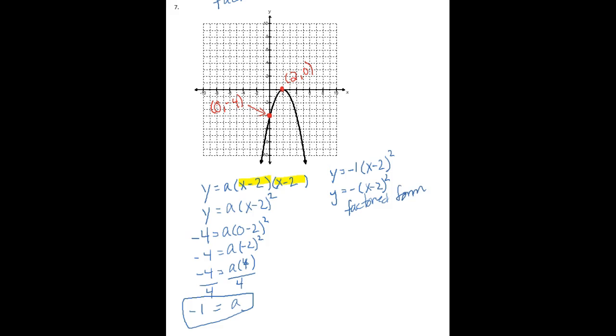And then to go to standard form, we would multiply out our exponent first, so the negative value in front doesn't get touched. And if you multiply that out correctly, you have x squared minus 4x plus 4.